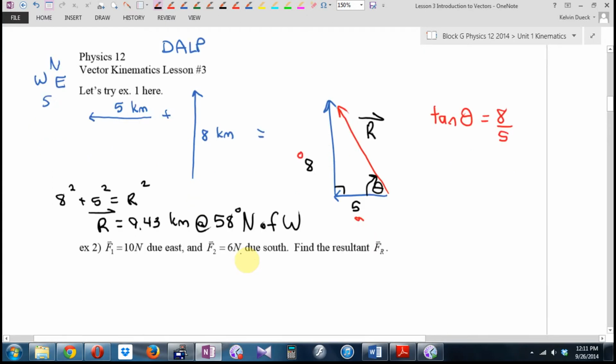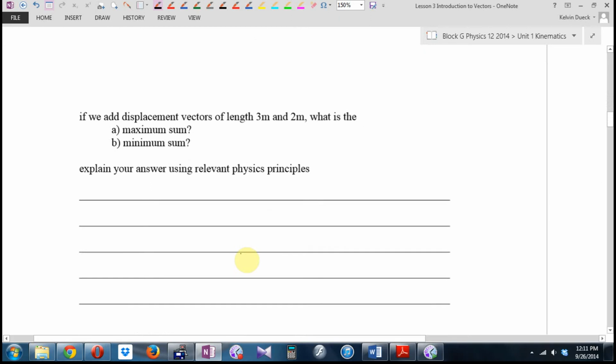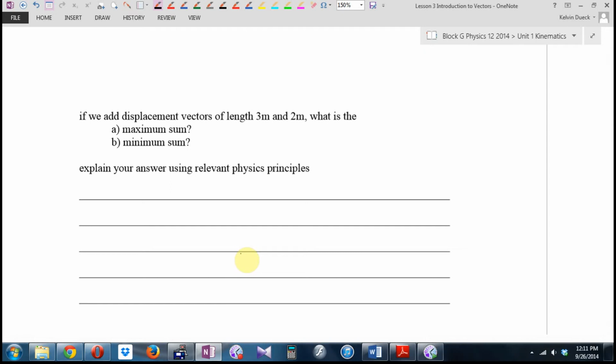Good, then let's skip example 2. On your tests, because I designed this course back when there was a provincial, on the old Physics 12 provincial exam, there were, I kid you not, Nate, what I will call essay questions. They weren't exactly essay questions.